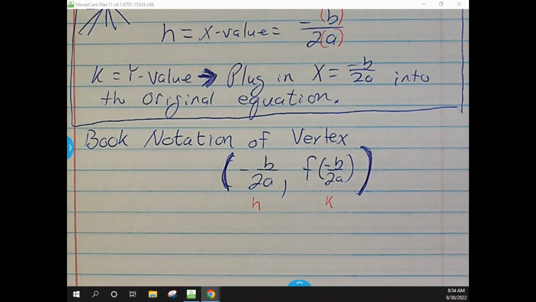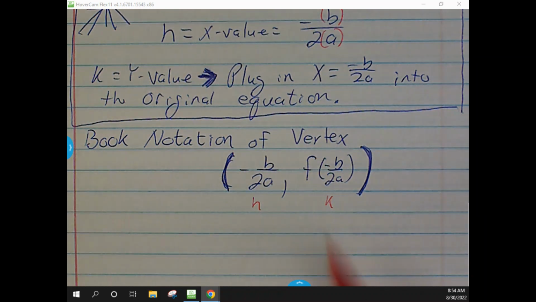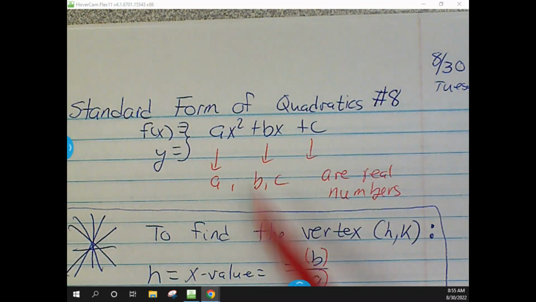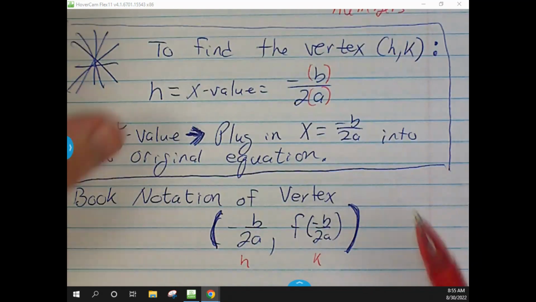So anytime you see in the book negative b over 2a and then f of negative b over 2a, that just means they're taking this value, going back to this function, taking that x value, plugging it back in, and working it out to see what the answer is going to be.